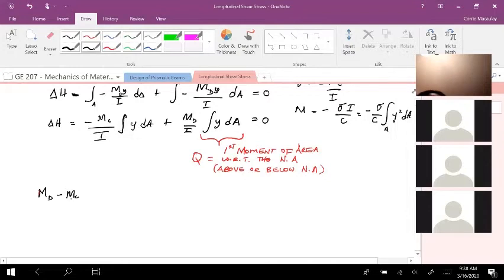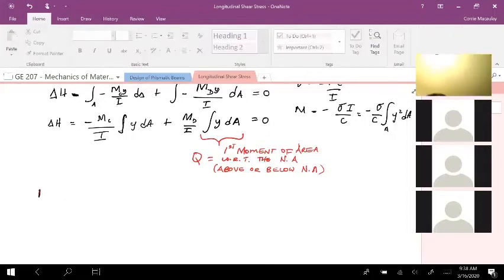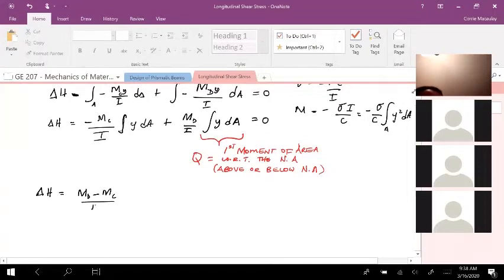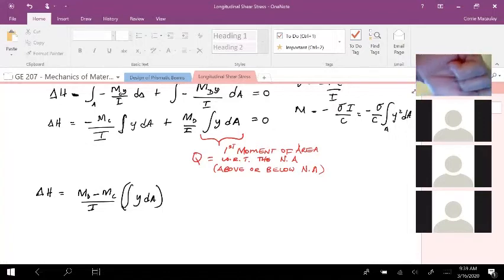Let me write that out so y'all can see what I mean. Delta H equals Md minus Mc over I, times the integral of y dA. I just simplified the equation above: if we take y dA out, you have Md over I minus Mc over I, which is Md minus Mc over I.